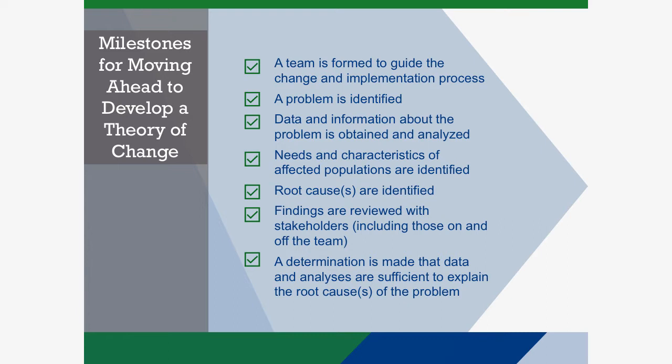Problem exploration is a critical foundation for effective change initiatives, but remember that the process should be approached with flexibility and in a feasible way. By having these milestones in place before moving forward, teams increase their ability to effect positive change.